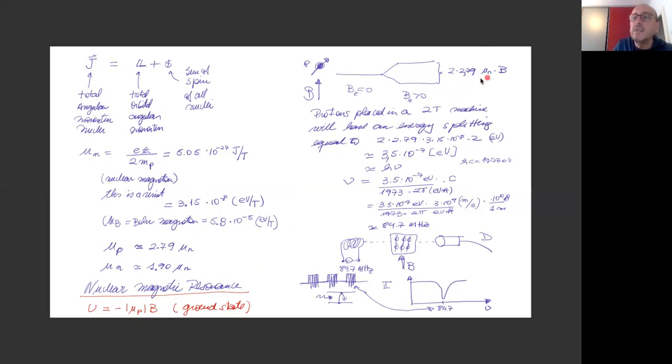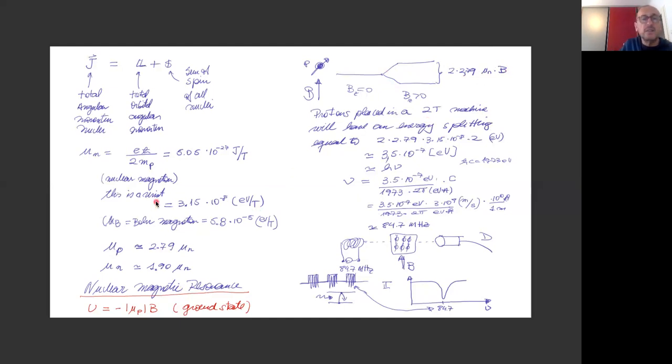So you can have the spin of the proton align or counter align to the magnetic field, and in that case, from this level, you get 2 levels, and the separation is simply 2 times 2.79 times mu sub n.